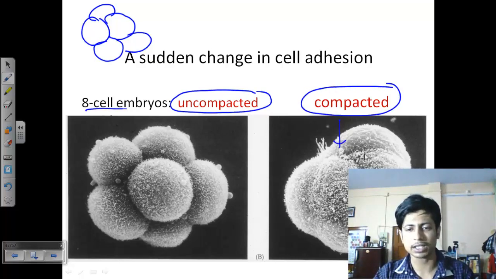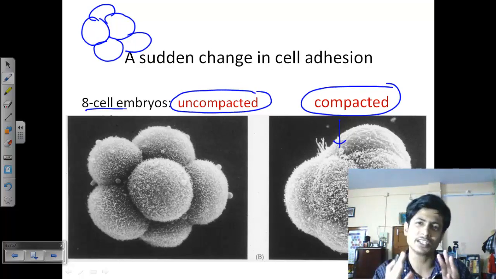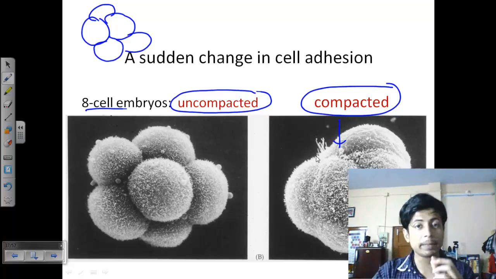By looking at the structure, it's barely possible to tell how many cells are present, because all the cells are merged with one another, but their membranes are not merged. Their membranes are separate and they are separate cells, but the interaction between the cells is so beautiful that they form a one-unit, more compact structure.